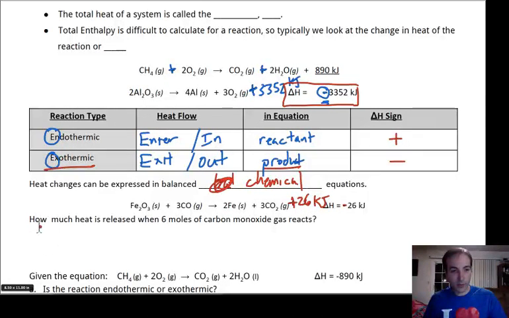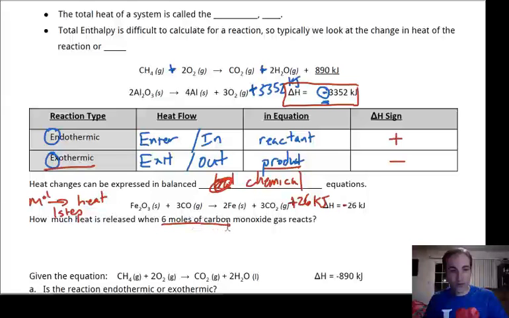So here we have a sample problem that says how much heat is released when 6 moles of carbon monoxide reacts. Okay, if you want to think of this in terms of stoichiometry, going from heat to moles, or moles to heat. Okay, so moles to heat is a one-step equation. Okay, so let's set it up then.